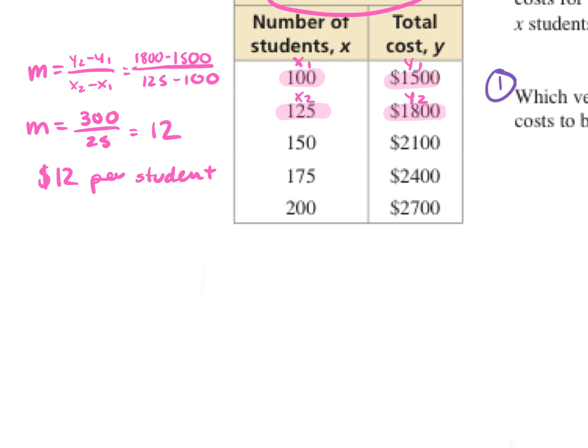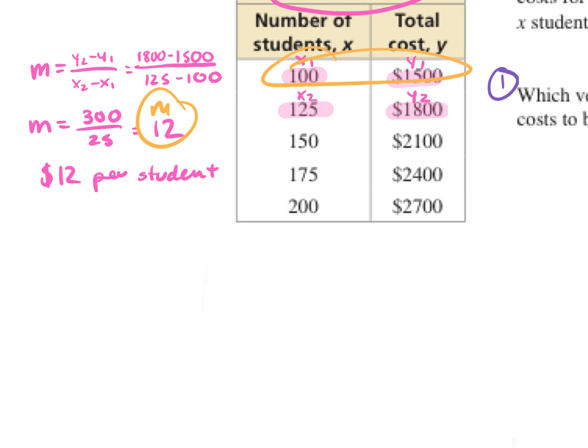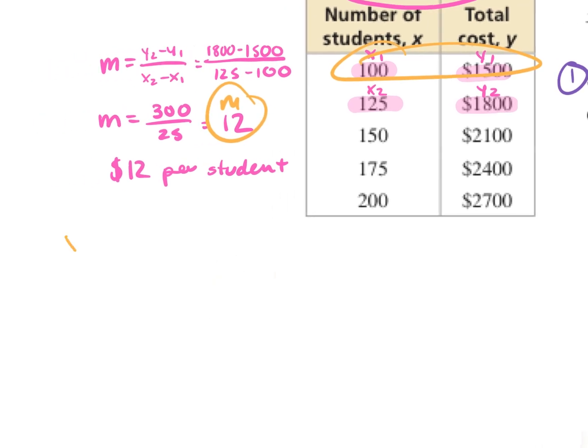So for Lakeside Inn, I have the slope, I have m, and I have a point. I have my x1 and y1, so I can plug this into point slope form. So I have y minus, what's my y1? $1,500, which is equal to m, which is 12, times x minus x1, which is 100.